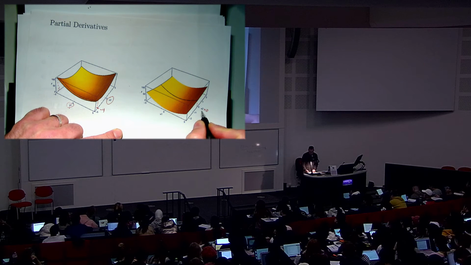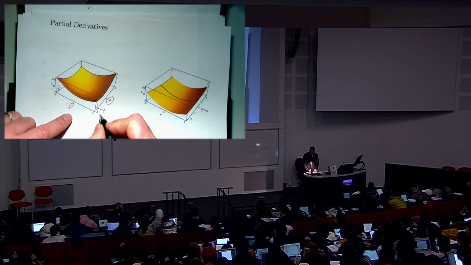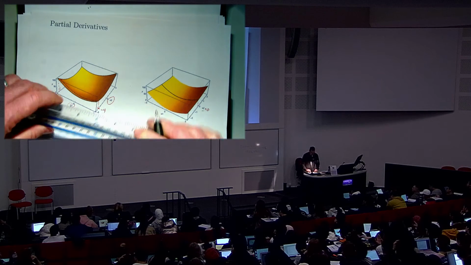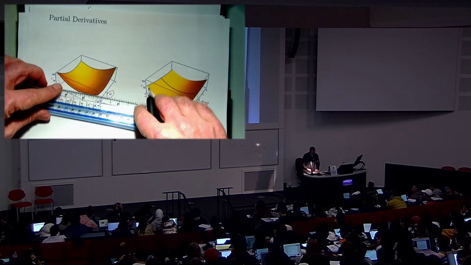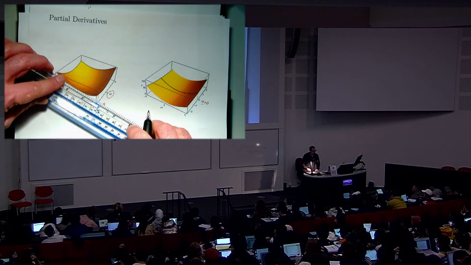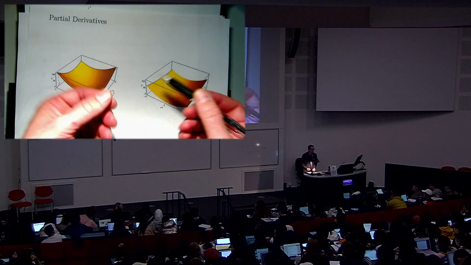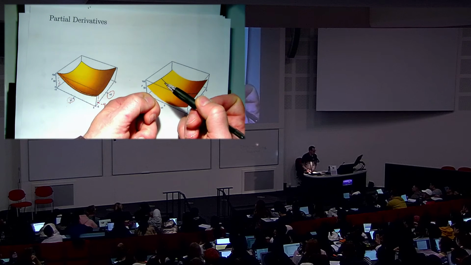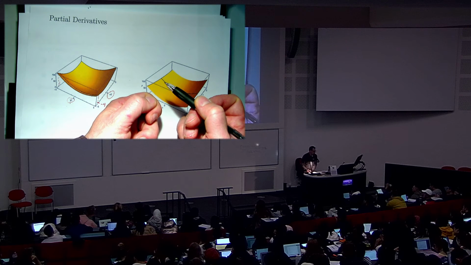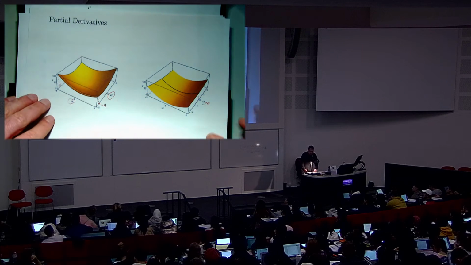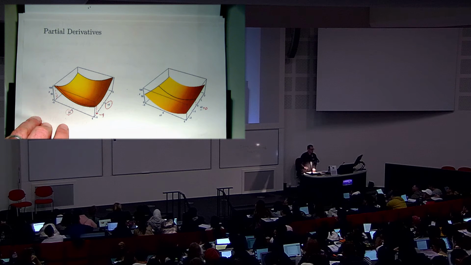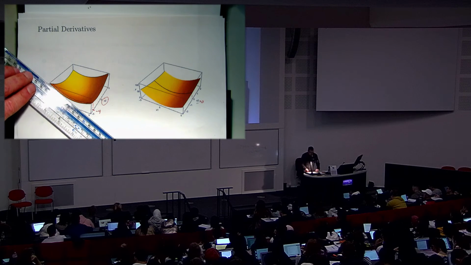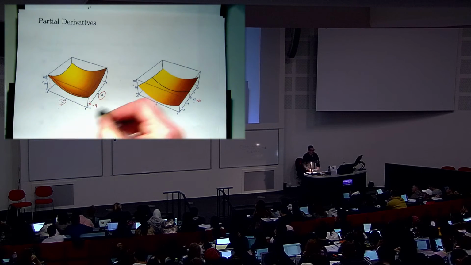Because if instead of x2 equals 0, we chose x2 equals -4, then we may have a different slope. Okay? So partial derivatives depend on both x1 and x2, potentially, but they are only the partial derivative with respect to one of these variables. So we are always looking for a slope in the x1 direction.